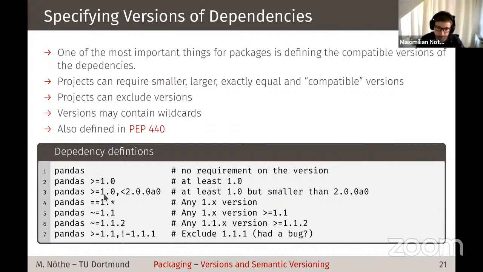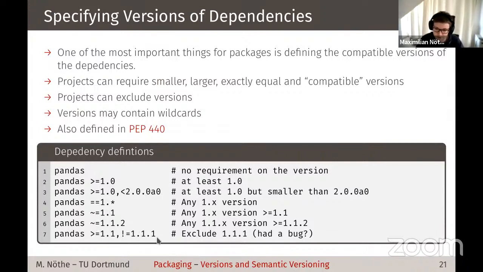So to make sure your code doesn't break if Pandas 2.0 is released, you could require that the Pandas version is also smaller than the first alpha release of Pandas 2.0. This is basically the same here. So if you require a version that is equal to 1 with a star, this will mean any 1.x version is allowed. And there are different specifications here.